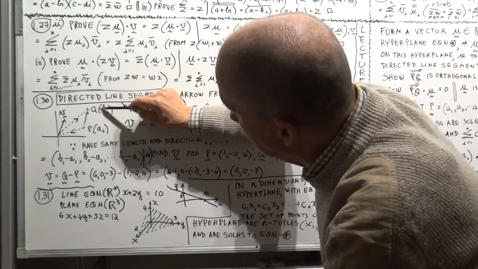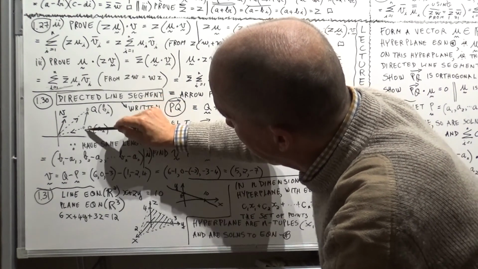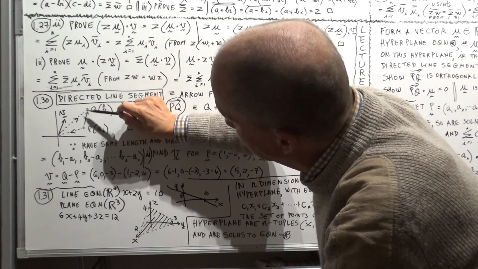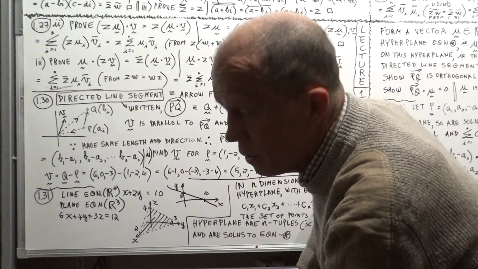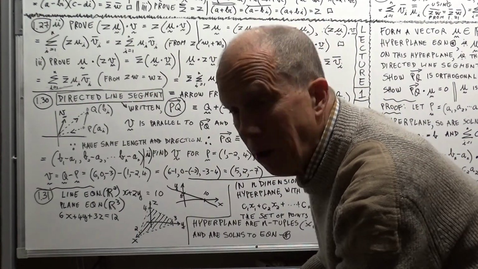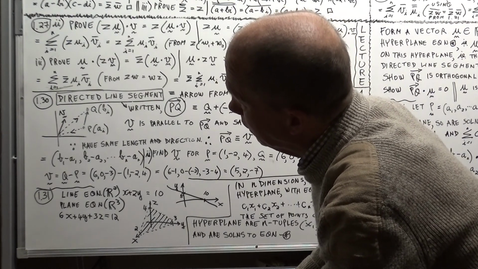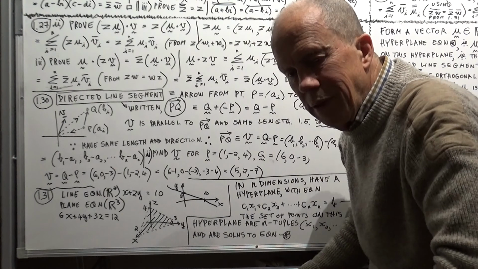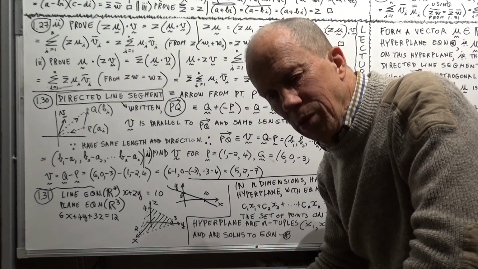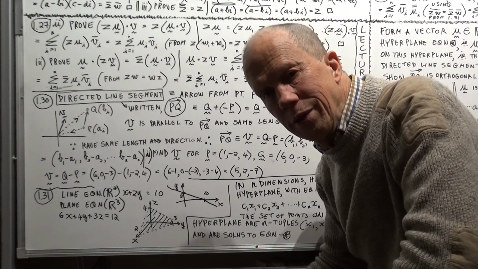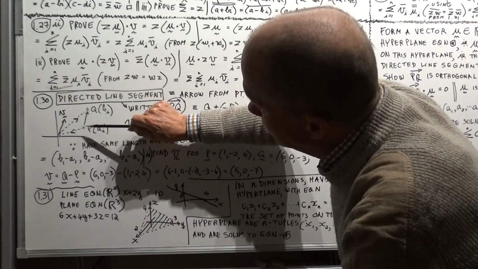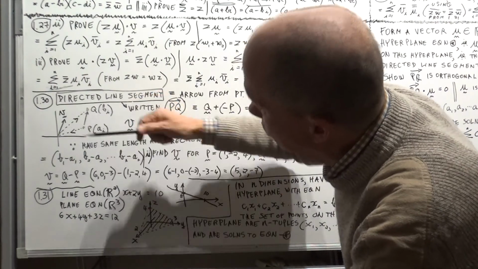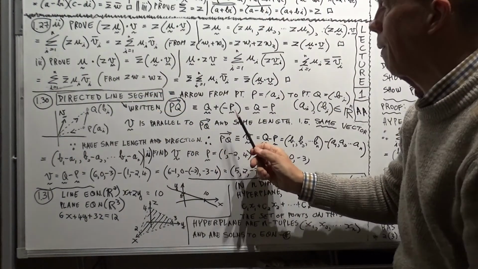You draw your parallelogram, and so this vector here is the diagonal of the parallelogram, and by using the parallelogram rule for summing vectors, this vector PQ is equal to minus P plus Q, or equivalently Q minus P, right?